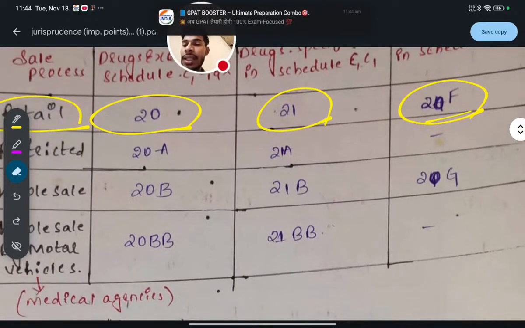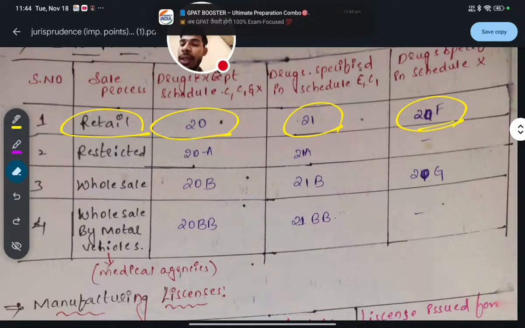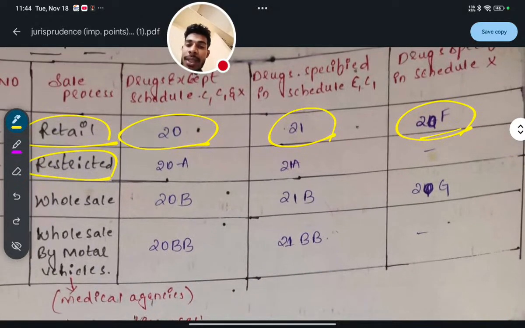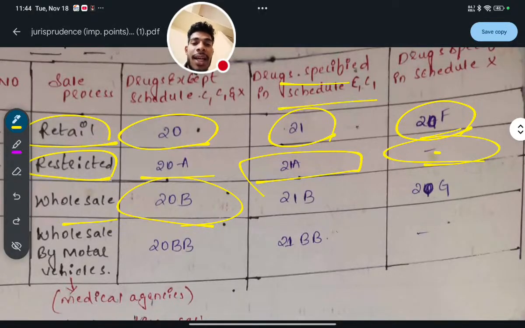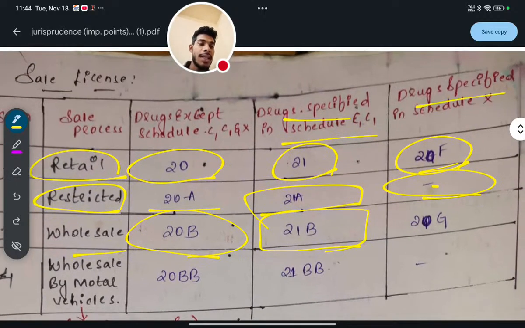Next, for restricted sale of drugs except Schedule C, C1, the form is 20A, here 21A, and here no form. For wholesale, 20B. For wholesale of drugs specified in Schedule C1, 21B. For wholesale of drugs specified in Schedule X, 20G.